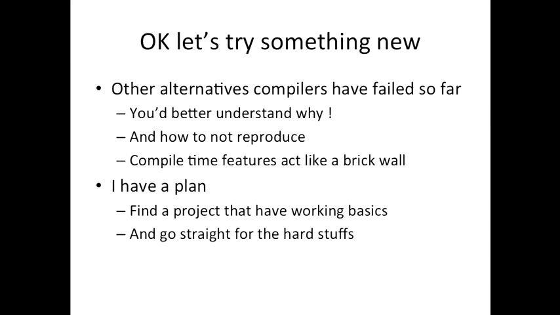The problem is that at some point you hit a brick wall, because you hit the exact things that are difficult for tooling, and they are difficult for a compiler too: templates, CTFE, mixins mostly. Those are the difficult bits, and you have to have an architecture in your compiler that supports them well. This is what caused a lot of trouble in previous attempts, so I don't want to repeat the error.